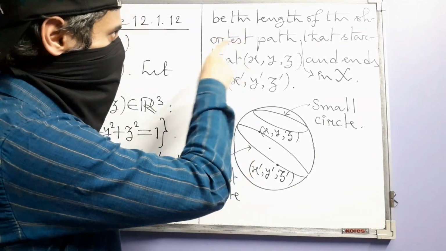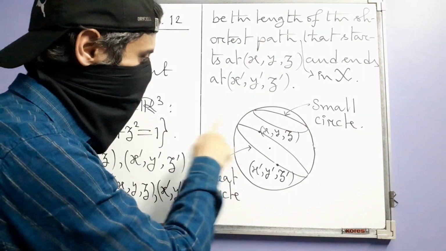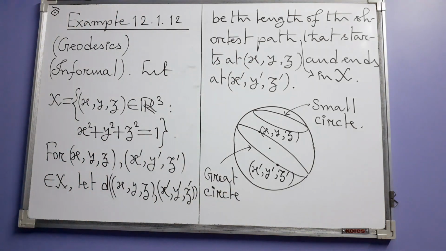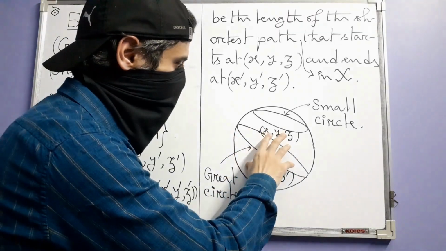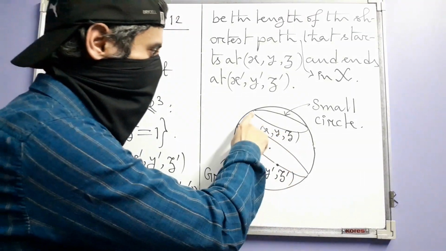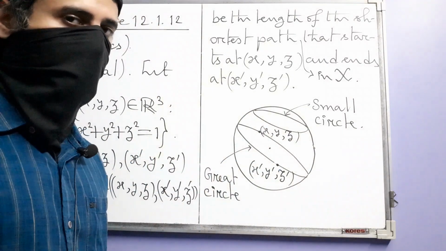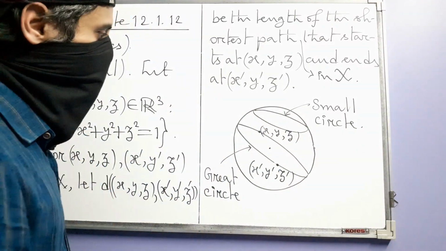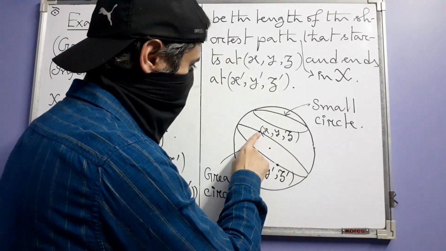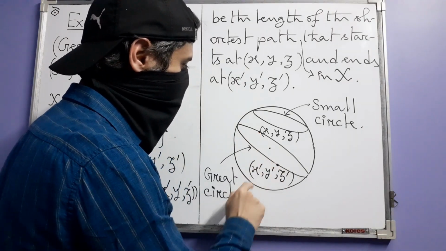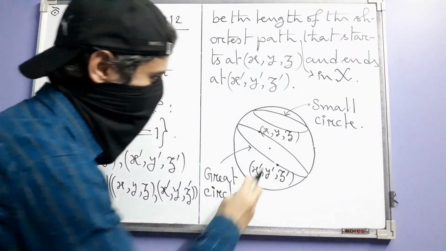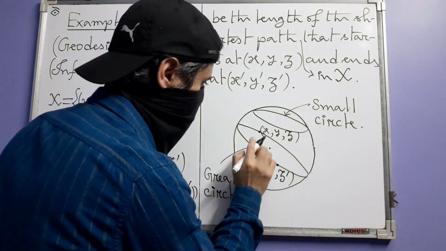It's a fact of the geometry of the sphere that this length of shortest path lies on a great circle. You may think it sounds a little counterintuitive, that we should not have a small circle, but that's not the case actually. So some such great circle passes through these two points and then we will actually get two paths.